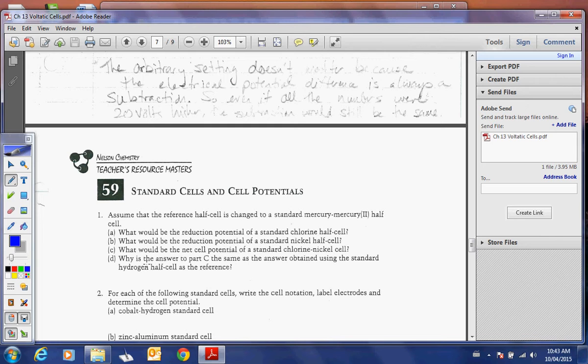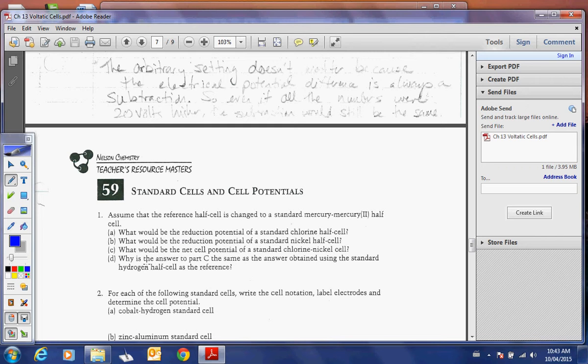So even if all the numbers were 20 volts higher, the subtraction would still be the same. So when I take copper and zinc, that waterfall would be the same difference. Even if it was 100 minus 200, it'd still be 100 difference. Or 500 to 400, it'd still be 100 difference.